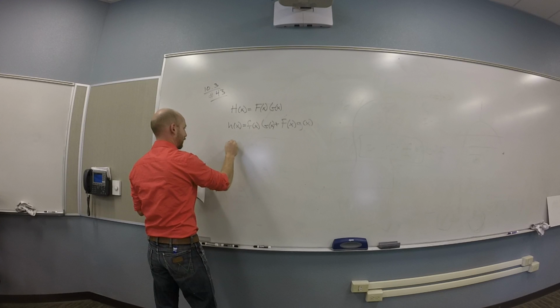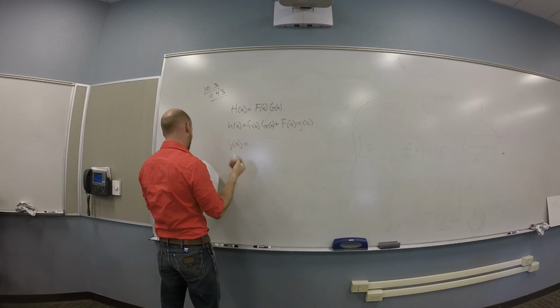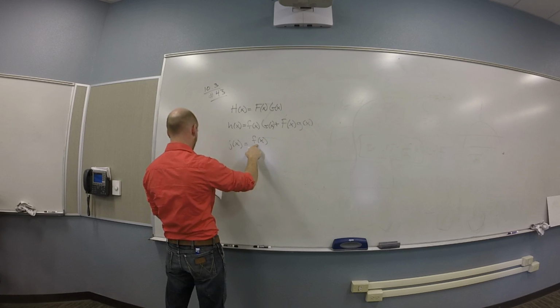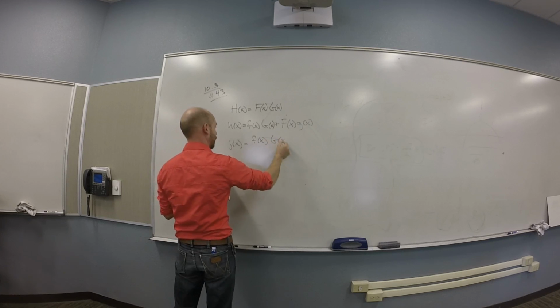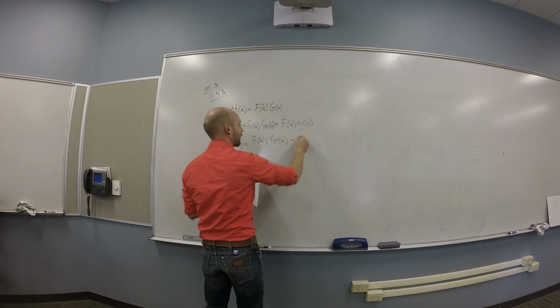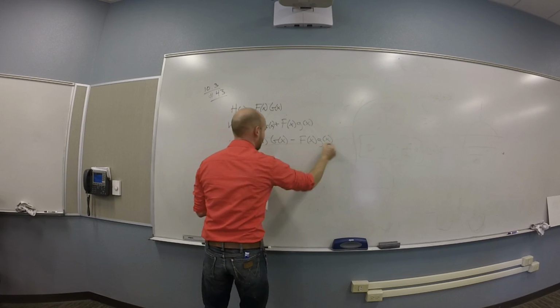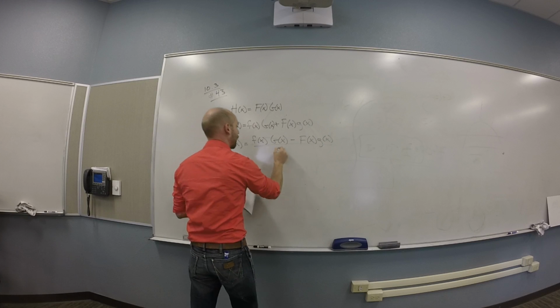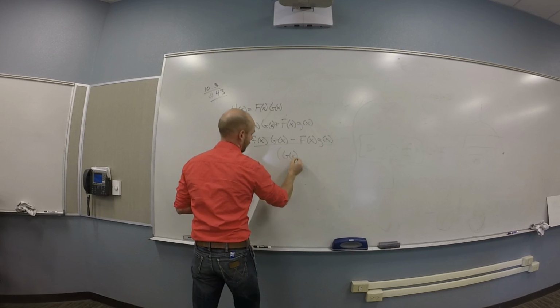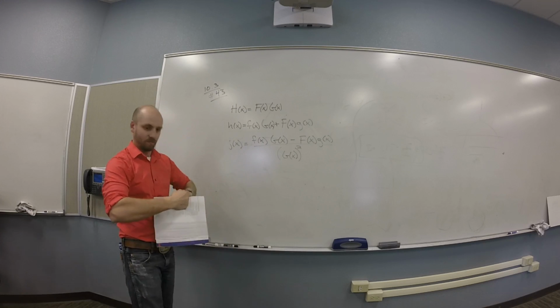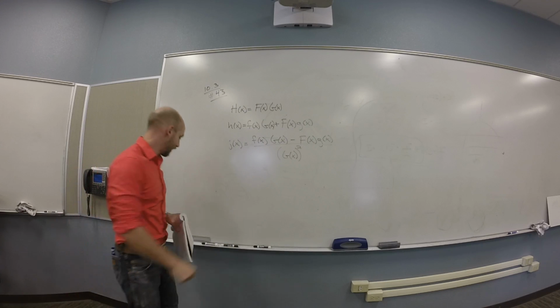J of x is little f of x times capital G of x, minus capital F of x times little g of x, over capital G of x squared.